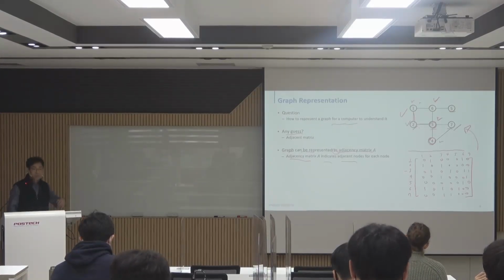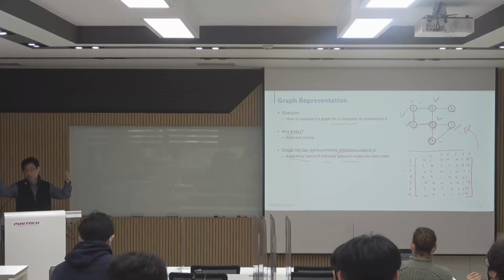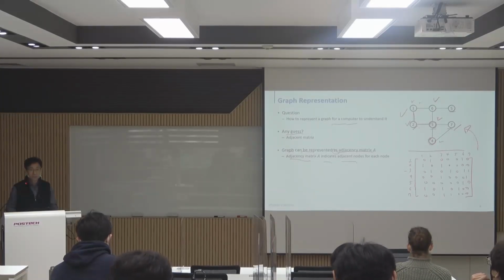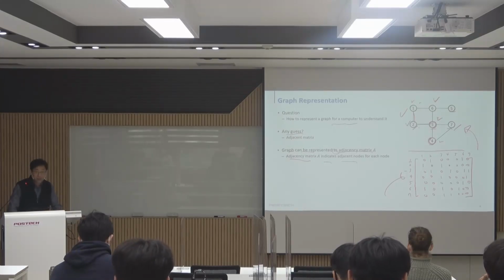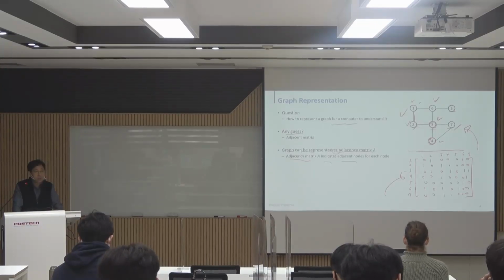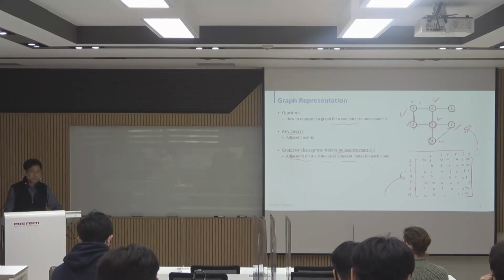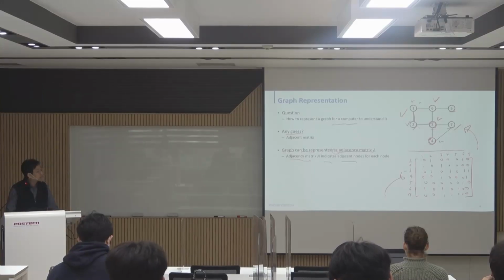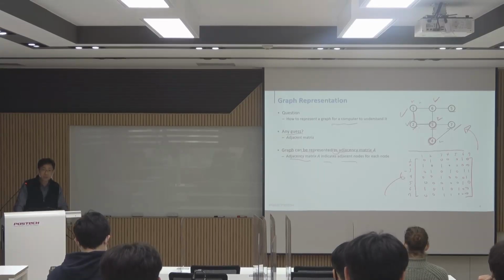That means if we have from A to B, from B to A, right? There are no directions. So it's symmetric. So looking at adjacent matrix A, it's a symmetric matrix. It's a natural way, right? So for an undirected graph, if you represent the adjacent matrix of A, that matrix is going to be symmetric.